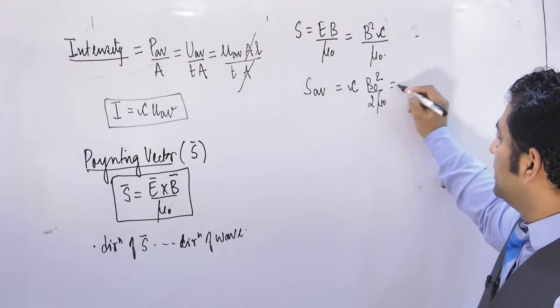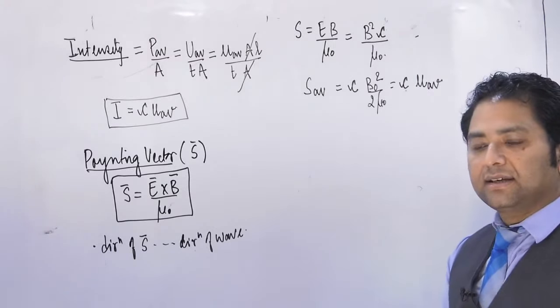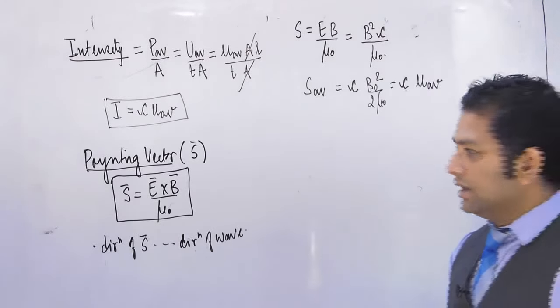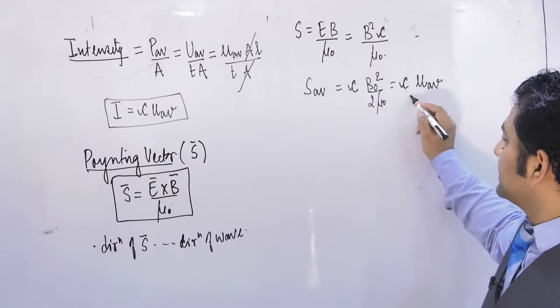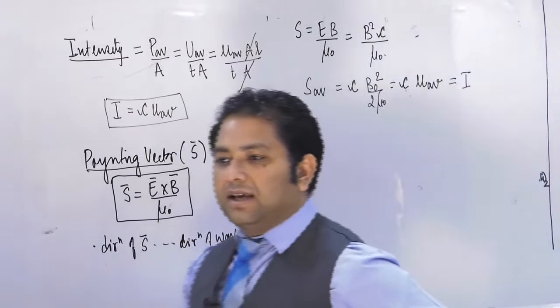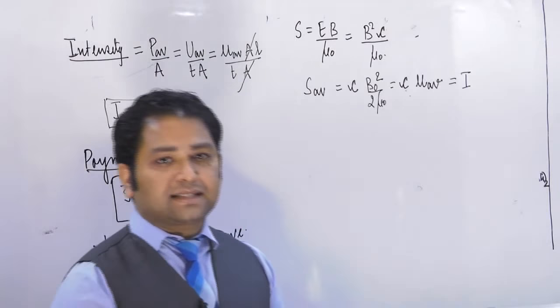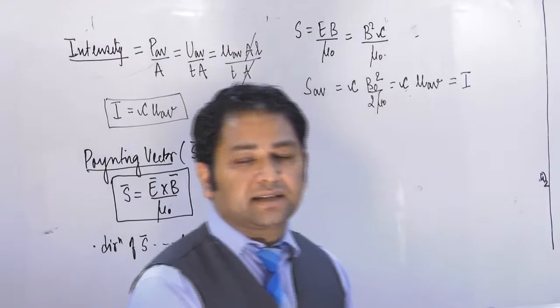And this value is C, the total average energy density, B naught square by 2. Suddenly we realize that this is exactly matching the expression of the intensity of a wave. So that lies the significance of a Poynting vector.